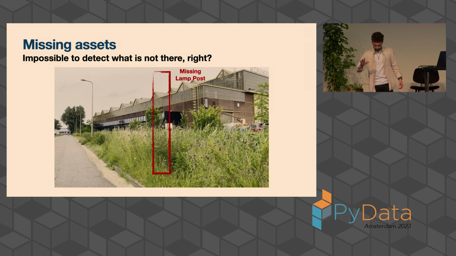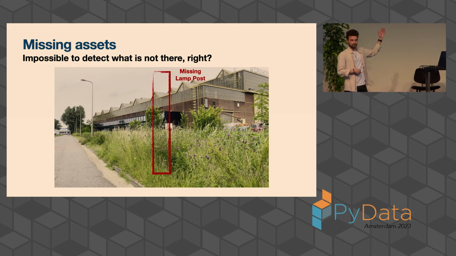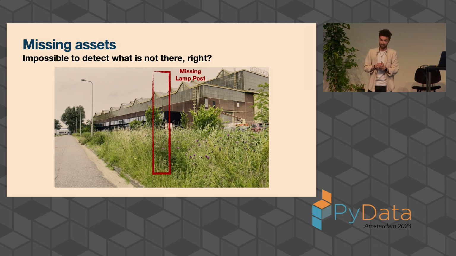Lastly, there is the matter of detecting things that are not there. This is one of the questions that we got along the way. Hey, can you detect things that are not there? Let's say there's supposed to be a lamppost here, but it's missing. This is kind of a non-computer vision problem, because you cannot detect what is not there. But still, there's a way to deal with this.